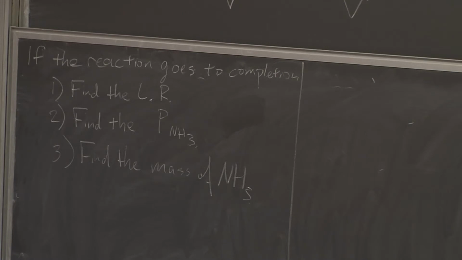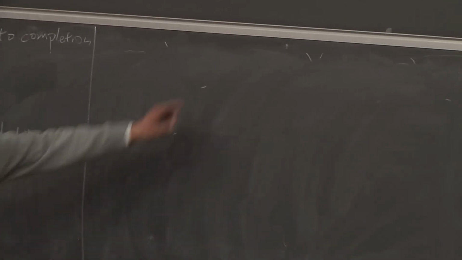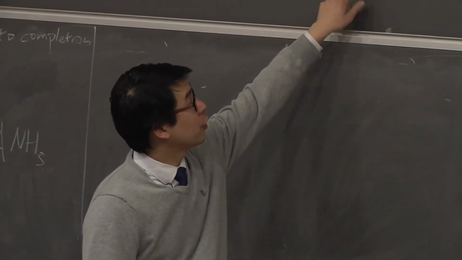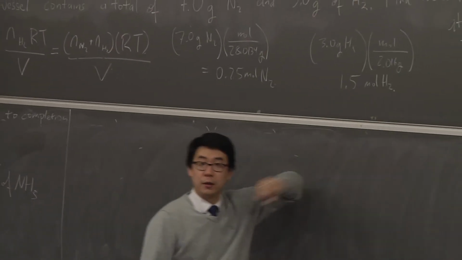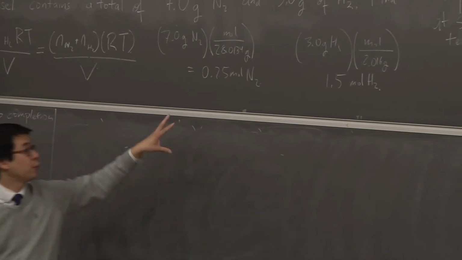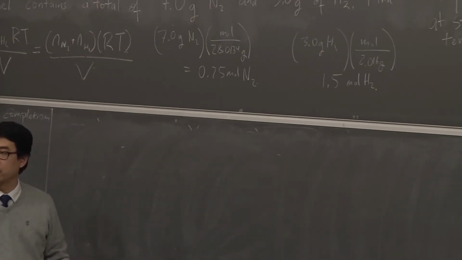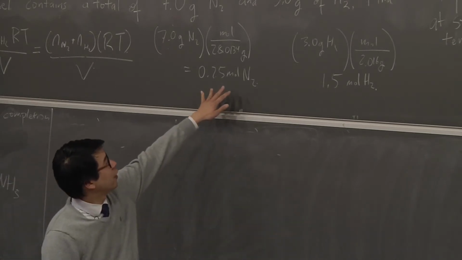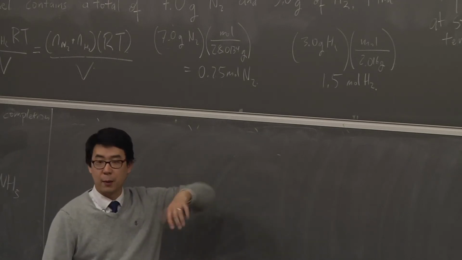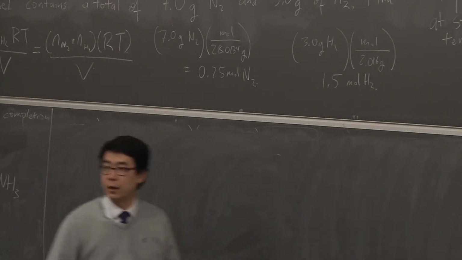What do we have to do? Remember, you just calculated that you start with 0.25 moles of N2 and 1.5 moles of H2. Once you know the moles, finding the limiting reactant is no different from any other reaction. Let's say all the N2 is used up, how much product do you get? Let's say all the H2 is used up, how much product do you get?